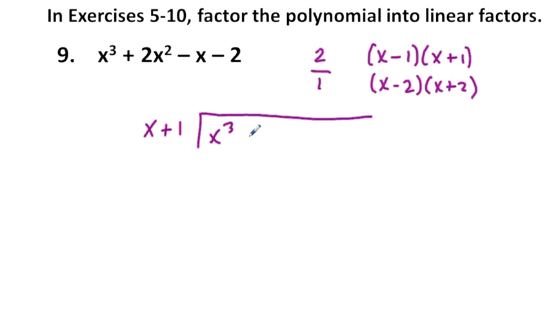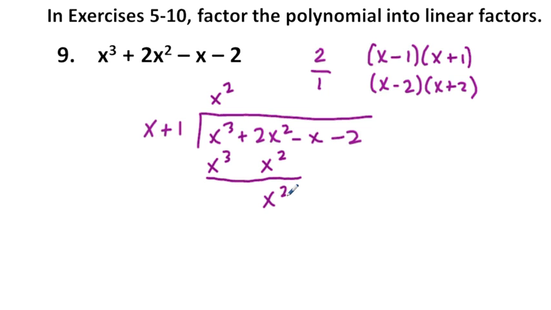x cubed plus 2x squared minus x minus 2. So here we have x cubed divided by x, we have x squared, and then x squared times x is x cubed. Then x squared times 1, x squared. And we subtract out, we get x squared.